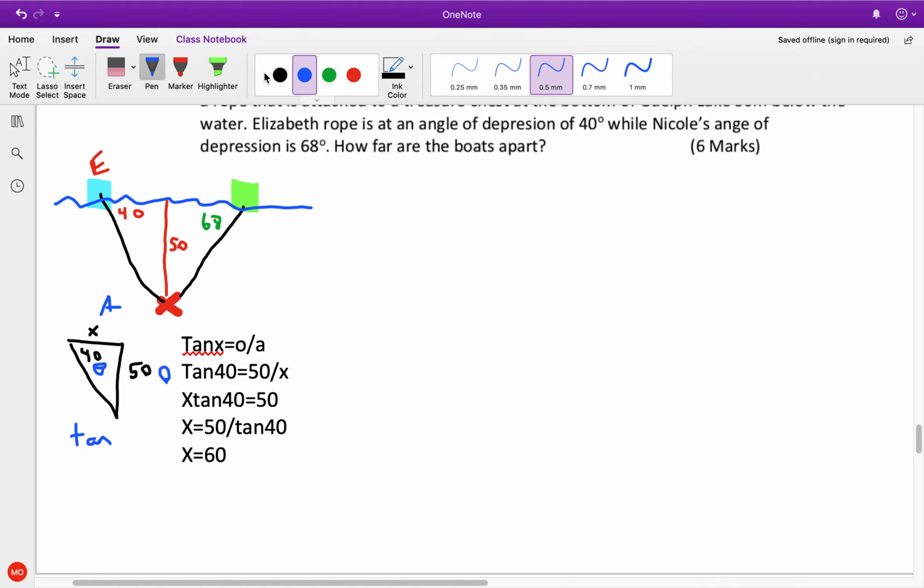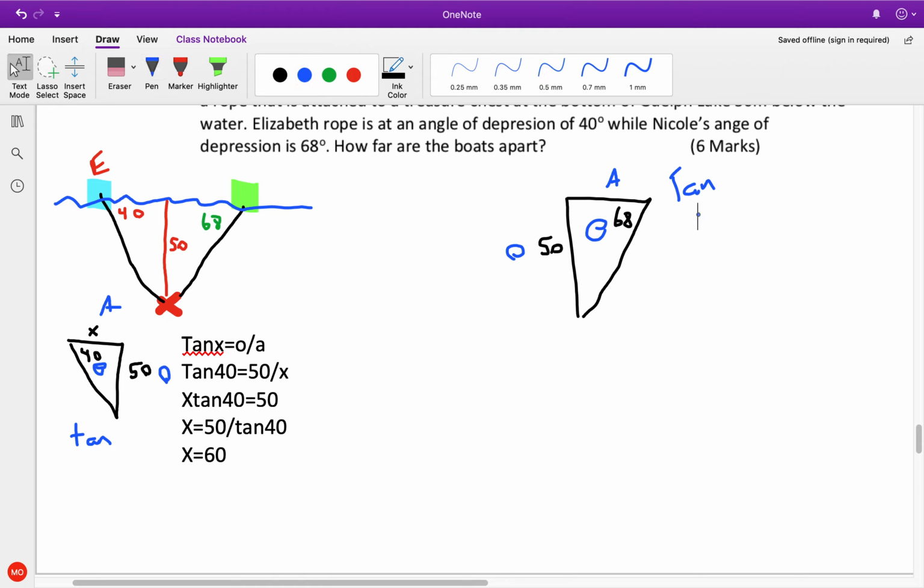So let's draw out my other one. This one over here looks like this, with 50 and 68. This is my adjacent, opposite, and my theta, so we're going to use tan. Therefore, I also have tan x equals opposite over adjacent.